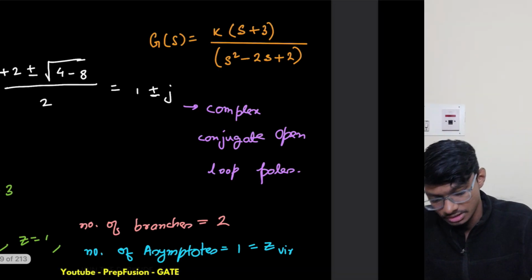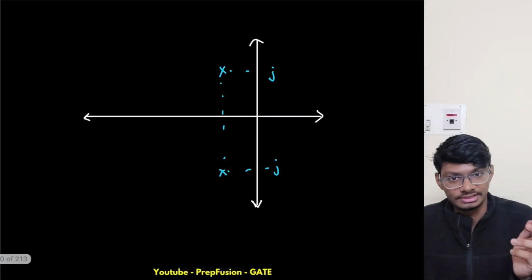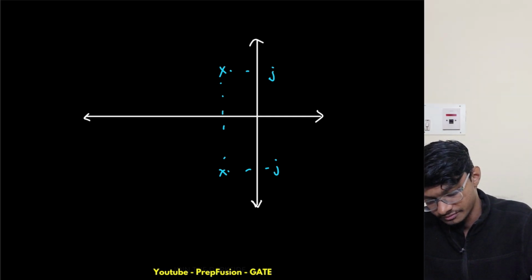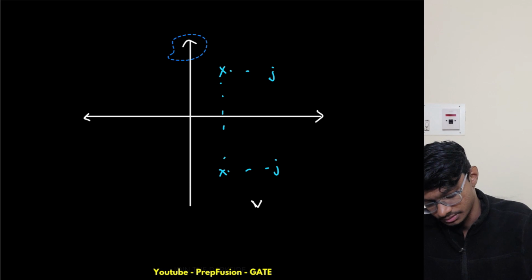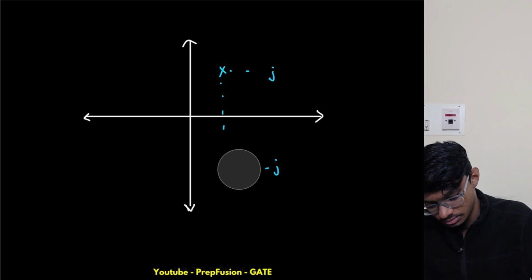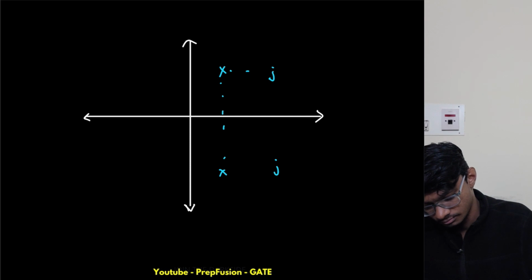Sorry, this is plus. So this will lie on the right hand side, so it will start off being unstable. So what I'll do is shift this axis to this side. Sorry, I messed this one up at the start. This will be minus. I have to cut this one up.